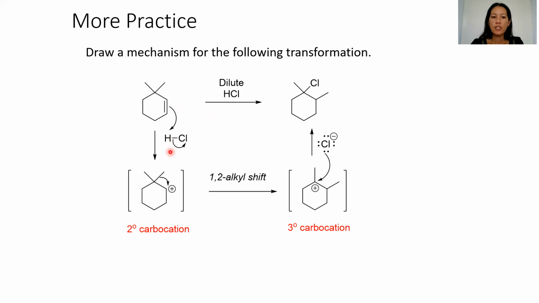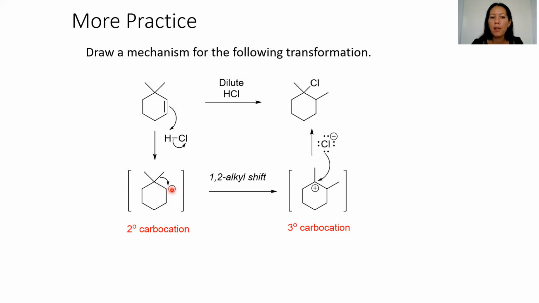You'll add the H, and you could have added it to either carbon. I'm showing the secondary carbocation here on this side. This also shows you kick out the chloride, but I'm doing it on this side because to get to the product, you have to do a 1,2 alkyl shift. There is no hydrogen here. If there was a hydrogen, I would have preferred to move the hydrogen. That's easier.